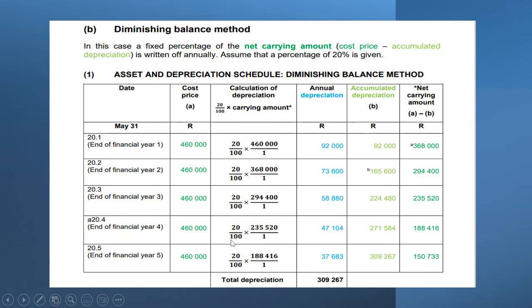And someone will be saying, but you said initially we calculate the depreciation using the diminishing balance method by saying cost price less residual value less accumulated depreciation, but here you are saying you're calculating it from the carrying amount. If you say cost price less residual value less your accumulated depreciation, in this case we're assuming that our residual value is 0. That will be equivalent to your carrying amount.